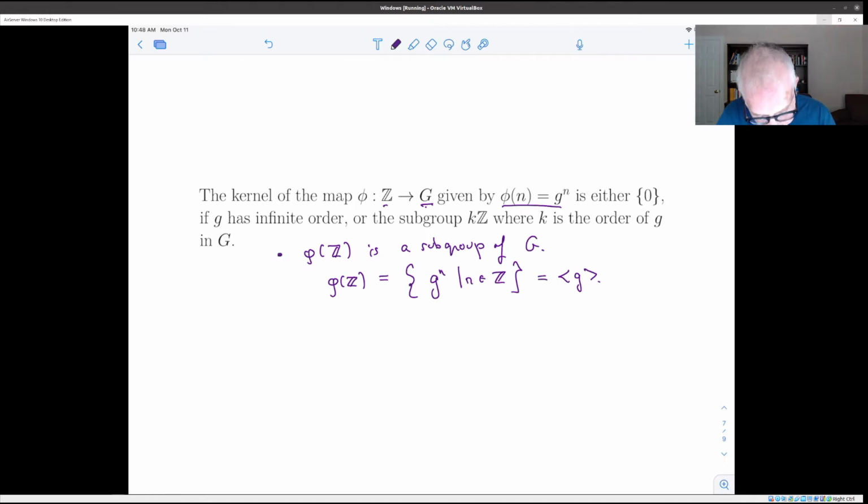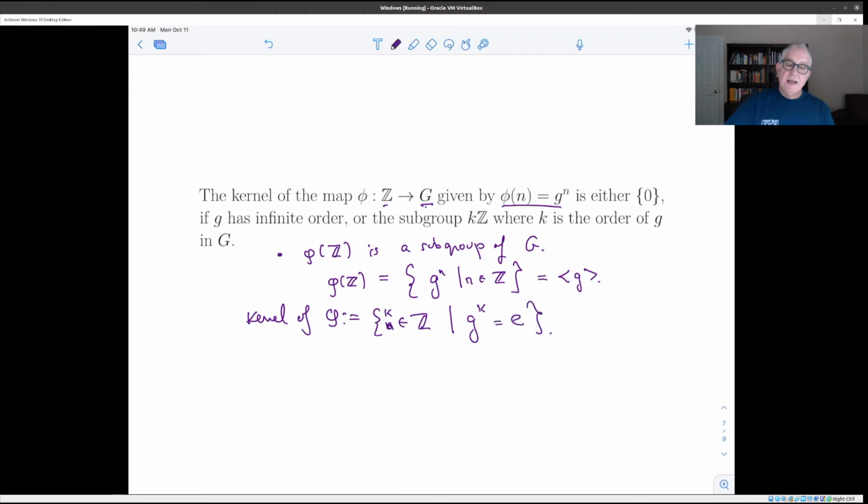What's the kernel of phi? Well, the kernel of phi is the set of integers n in Z. Let's not use n because I used n up there. Let's use k, such that g to the k is the identity. Now, what do we know about the integers k such that g to the k is equal to the identity?